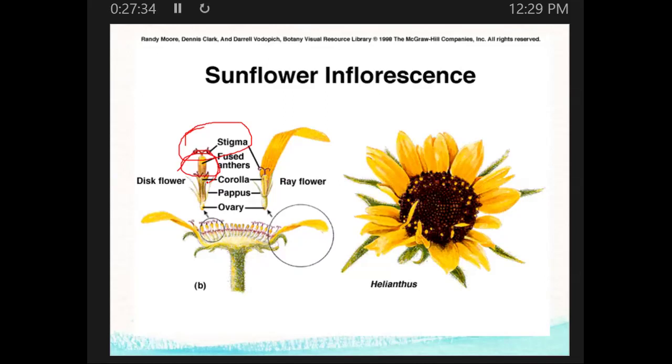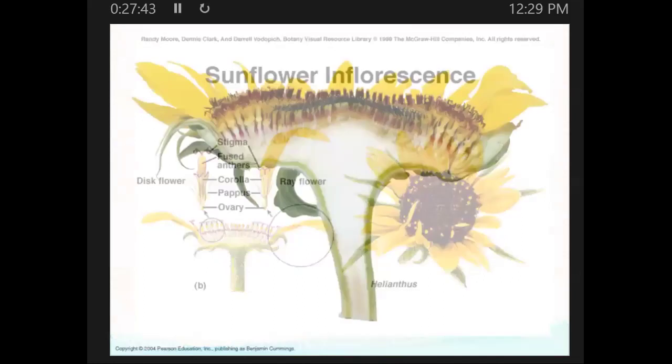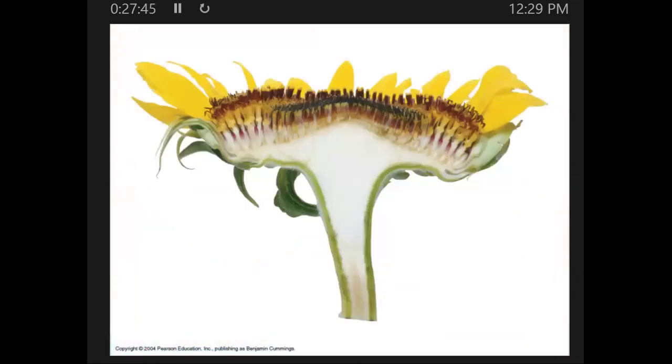You'll see that too when the sunflower seeds start to emerge, that spiral pattern as well, if you can watch it through the summer. So that's a dissected actual sunflower, and you can see how packed together all these tiny flowers are.